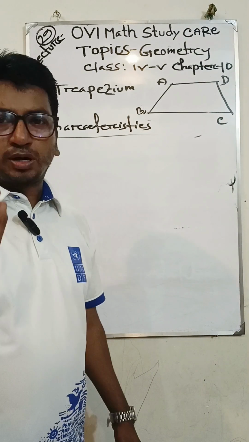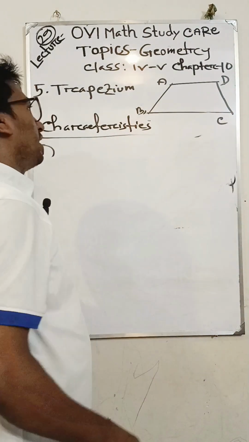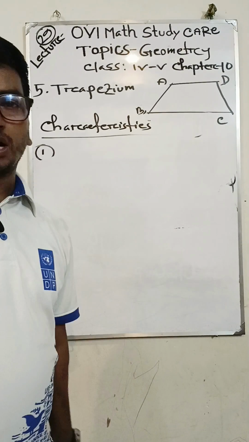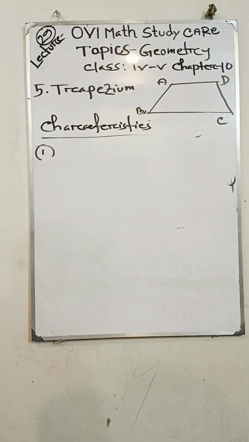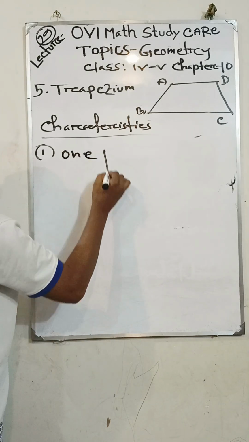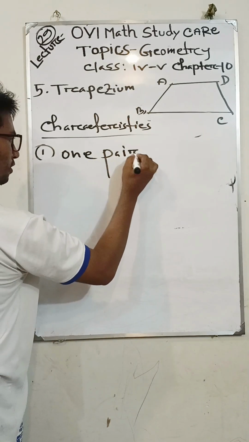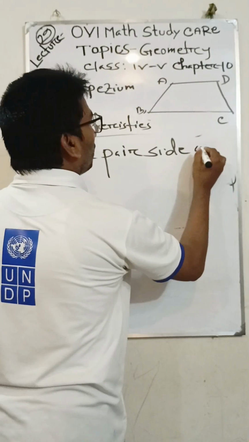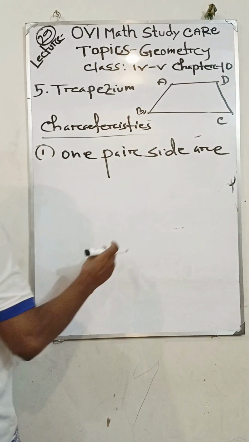In the case of the trapezium, one pair of sides is parallel. What are the characteristics of the trapezium? We can write one pair of sides is parallel.